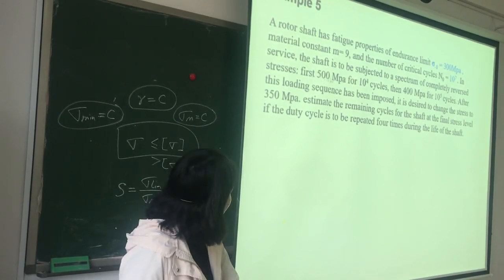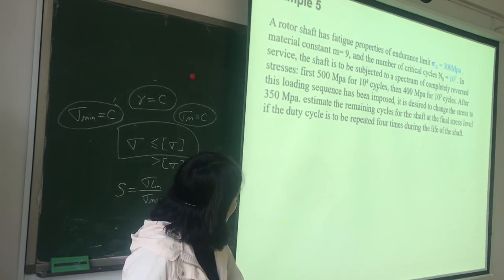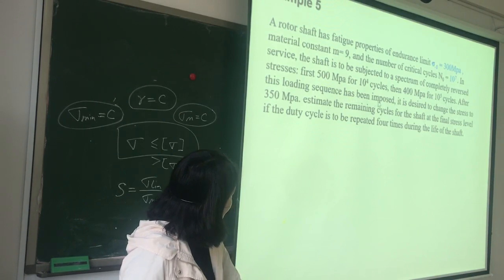First, 500 megapascal for 10 to the 4th cycles, then 400 megapascal for 10 to the 5th cycles. After this loading sequence has been imposed, it is desired to change the stress to 350 megapascal. Estimate the remaining cycles for the shaft at the final stress level if the duty cycle is to be repeated 4 times during the life of the shaft.